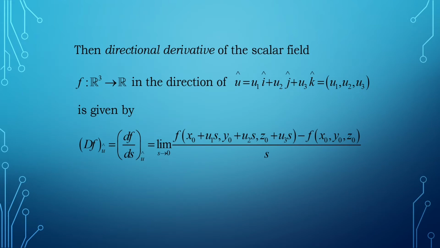The directional derivative of our scalar field f mapping R3 to R in the direction of the given vector u cap equals u1 i cap plus u2 j cap plus u3 k cap is given by the formula df at u cap equals df by ds at u cap equals limit s tends to 0 of f of x0 plus u1s comma y0 plus u2s comma z0 plus u3s minus f of x0 comma y0 comma z0, upon s.